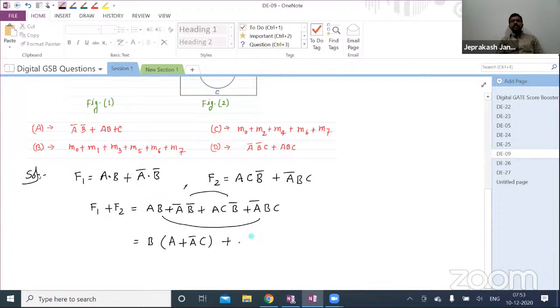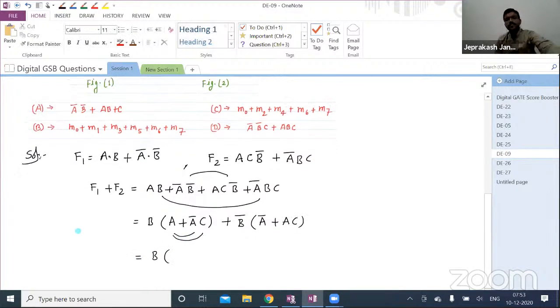From the middle two, you can take B bar as common. Then you will get A bar plus AC. Now apply the distributive law. All of you please respond. What is A plus A bar C? By using the distributive law, what will you get?